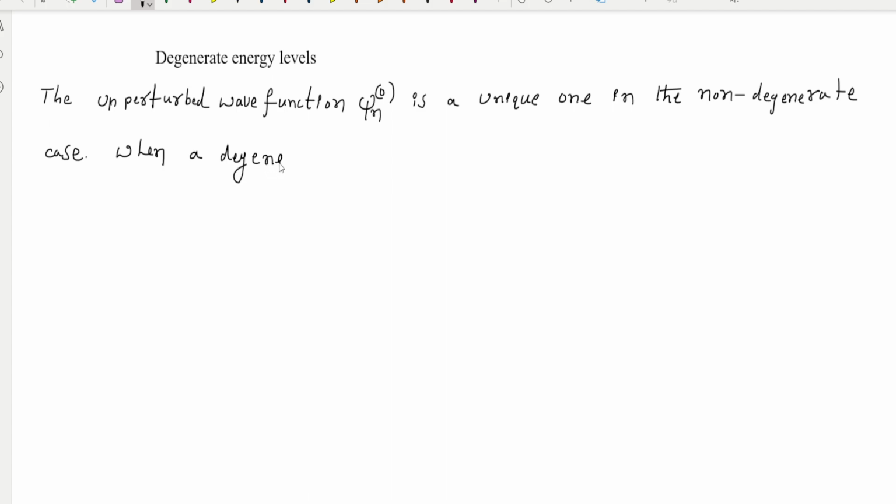For example, the unperturbed wave function is unique, one, in the non-degenerate case, when a degeneracy exists.